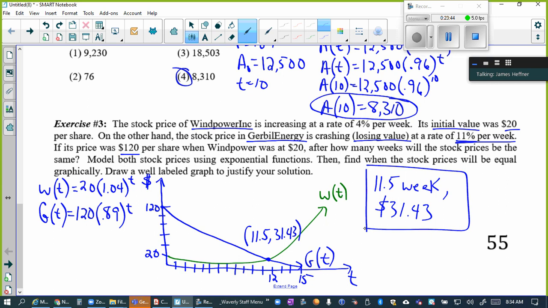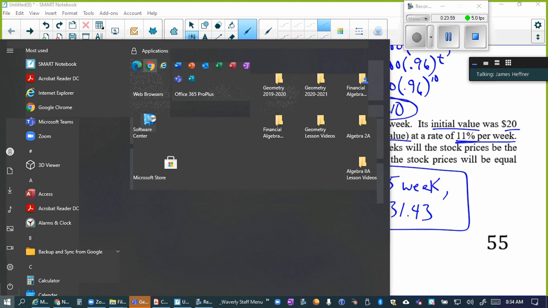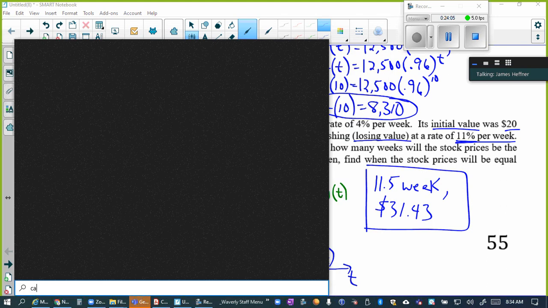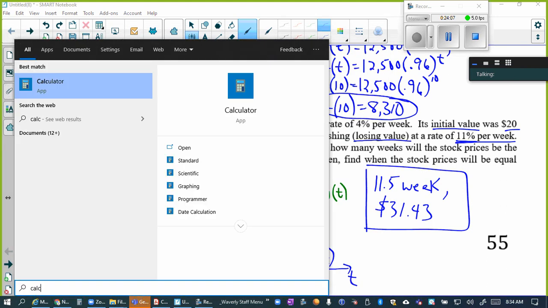So I know that the calculator thing seems to be a little sketchy. Let me show you maybe the Windows calculator version. If you hit your Windows Start button, and if you don't have it, just start typing calculator, C-A-L-C, right?